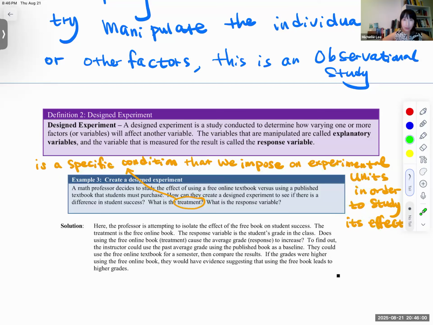Okay, so let's read. The professor is attempting to isolate the effect of the free book on student success. The treatment is the free online book, right? Let me highlight.